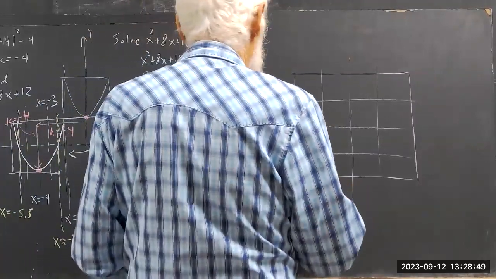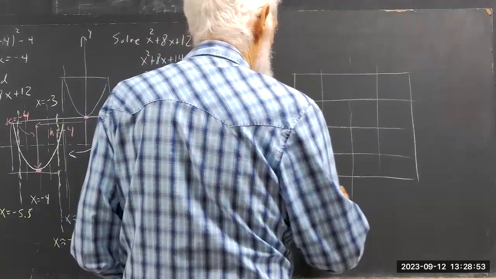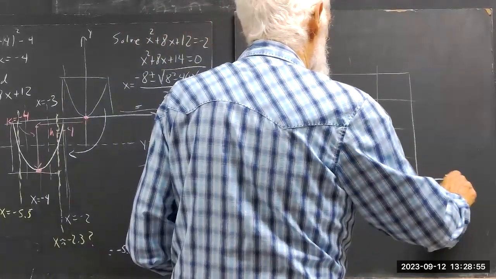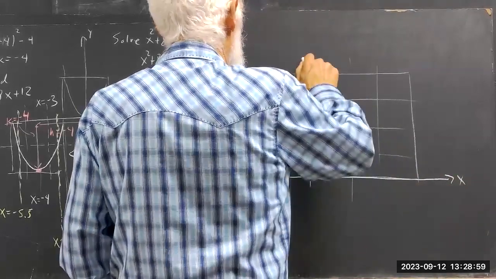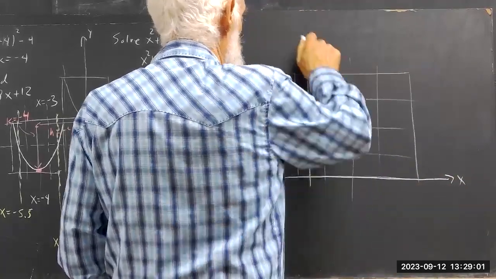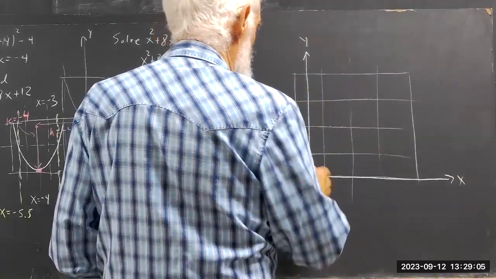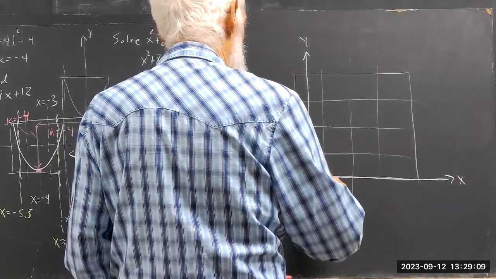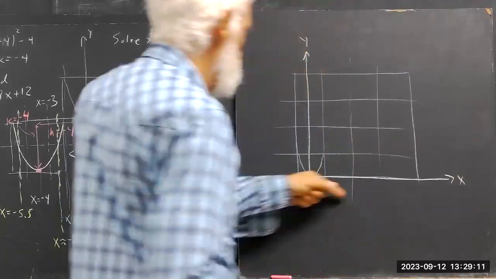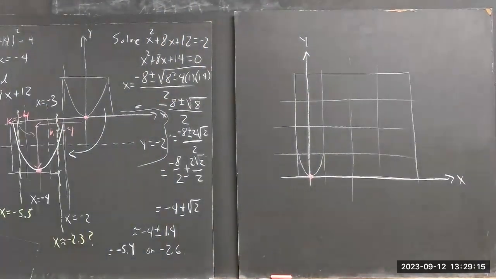And the x-axis here, and the y-axis here, my red dot here, my parabola. We understand all these are 4x4 squares.